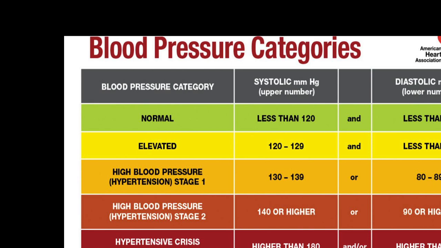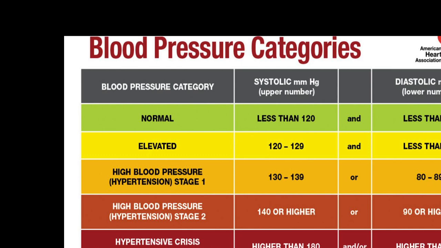Anyway, currently the broad guideline given by the American Heart Association and American Stroke Association, which is now considered the standard throughout the globe, considers a systolic blood pressure of less than 120 and a diastolic pressure of less than 80 as normal.